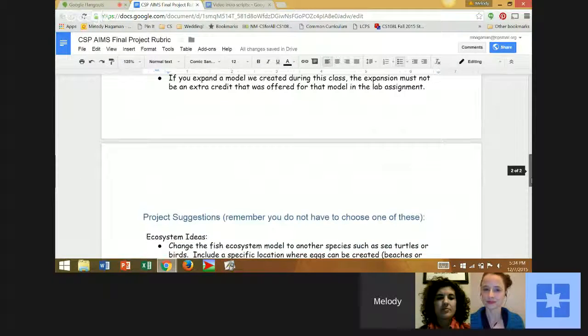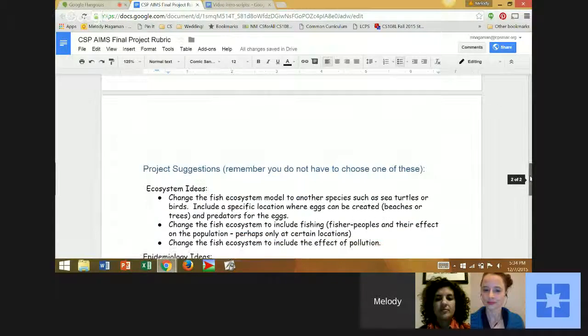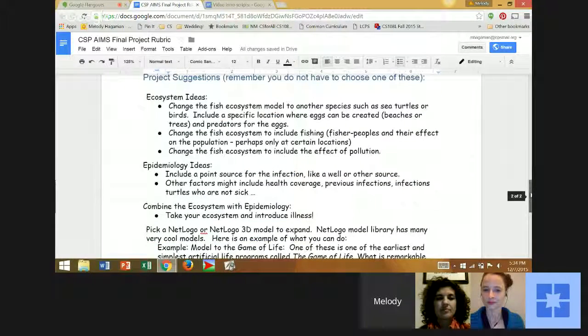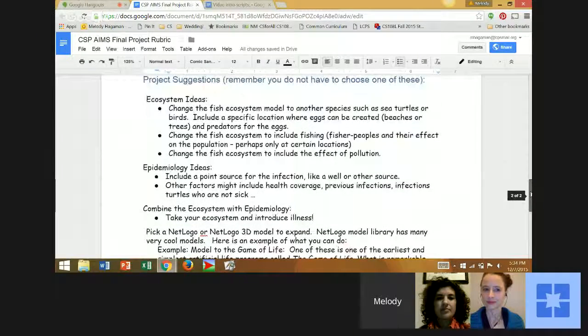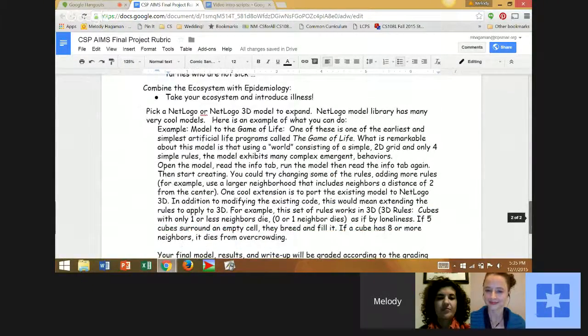And if the expansion is extra credit that's been offered already, that doesn't count. So they need to take it even further than that. And what I love the most about this is it gives them project suggestions in a doable direction, so that it's not something too simple that's not going to lead to interesting results, but it's also not so complex that they can't accomplish it in the time frame or they'd get frustrated coding it.